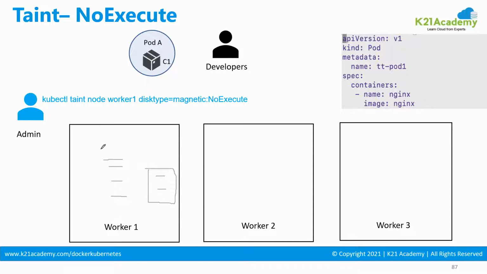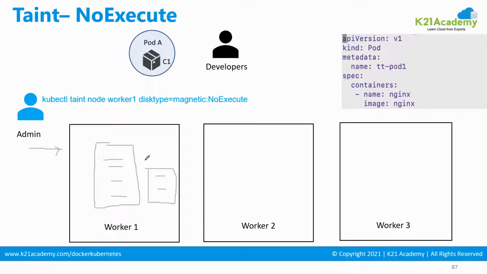Now what is your objective? You want to take this node into maintenance. What will be your course of action? First, you stop deploying new pods on worker one. So first of all, taint it. Once you taint it, there are certain pods running inside that you want to evict also.